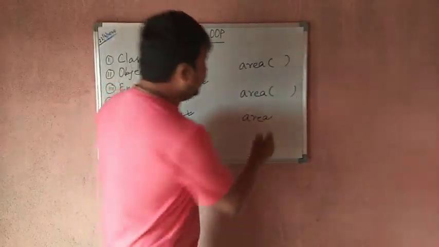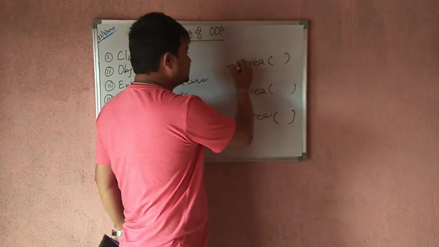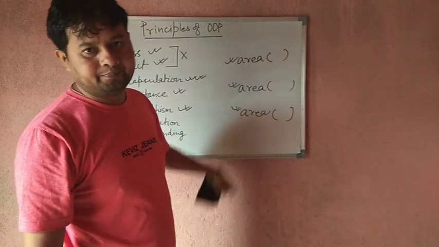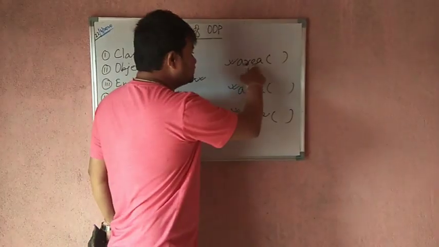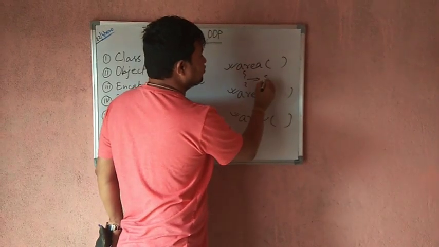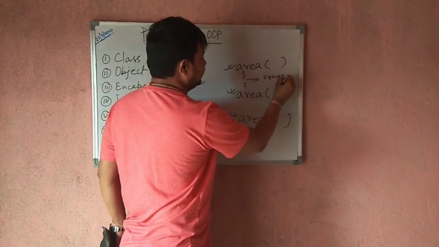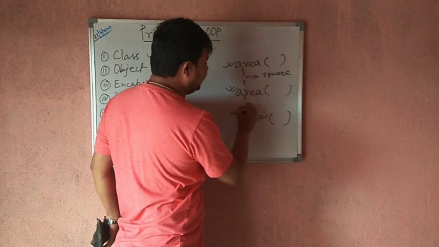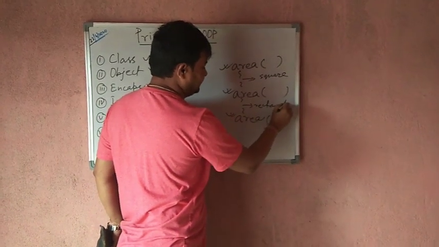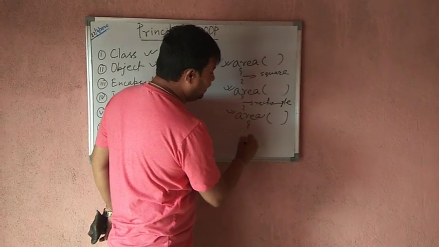It means I am making many functions with the same name. Suppose this function calculates the area of a square, this one the area of a rectangle, this one the area of a triangle.